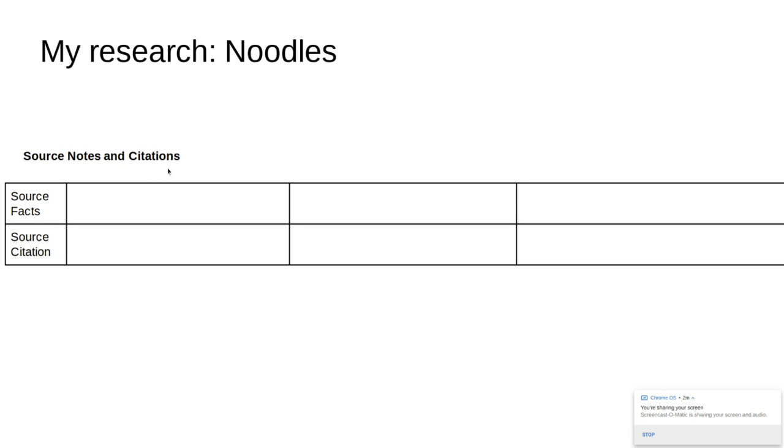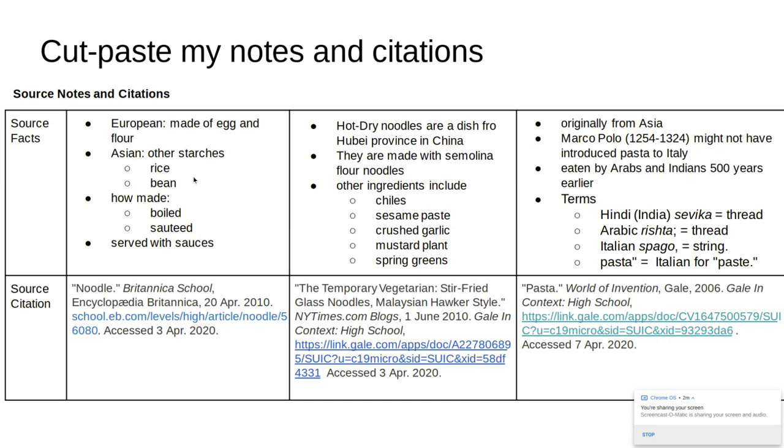And all you have to do is cut and paste your facts and your sources. They're in this order, so all you do is cut and paste, and it looks like this. So I just cut and pasted the notes I took from last lesson, cut and pasted the sources. So now I have a summary of my facts and source citations.